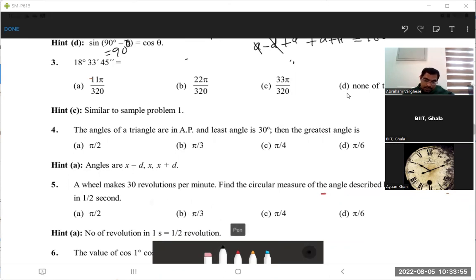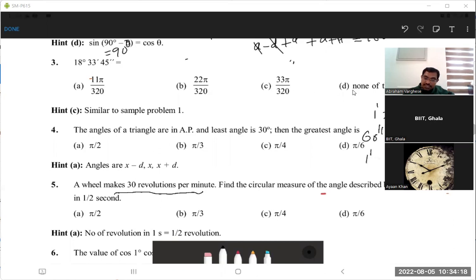So how to do it? 30 revolutions per minute. That means in 1 minute, 30 revolutions. So we need half a second. So 60 seconds, you have 30 revolutions.